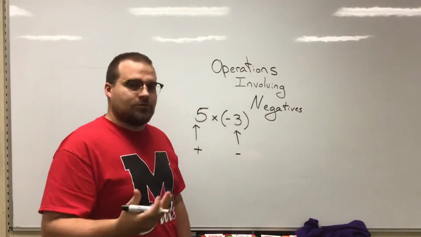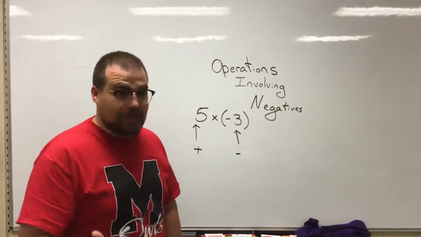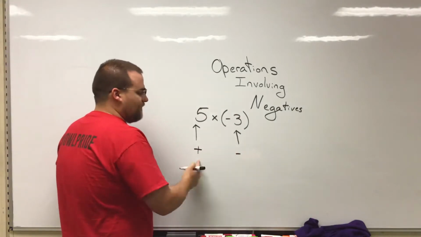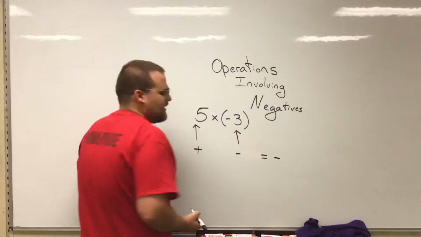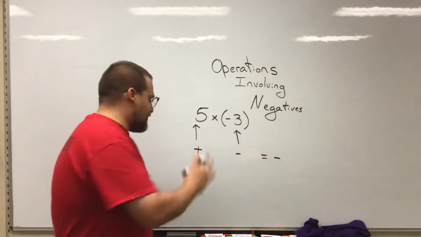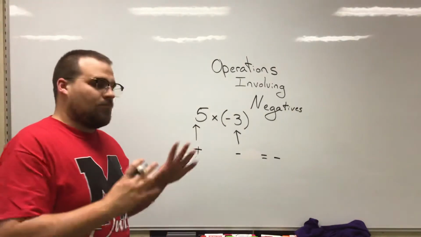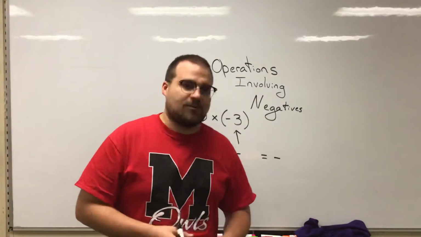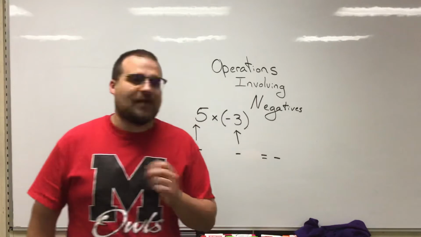So what occurs is, when you are multiplying, and this goes for dividing as well, if your numbers are of 2 different signs, then that means your answer is going to be negative every time. No matter if the negative comes first or the positive or vice versa, however it looks, if the 2 numbers are different signs, then guaranteed you will have a negative answer.